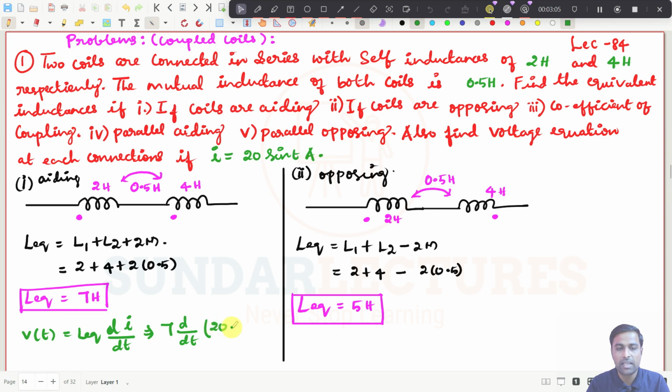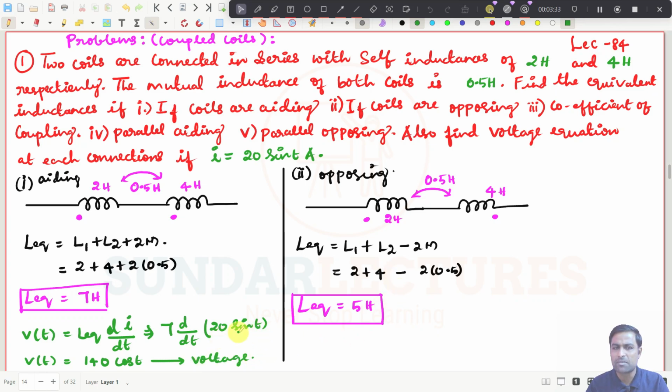It is 20 sin t. And if you substitute, V of t will come out as 20 means 140 cos of t. This is the voltage expression.